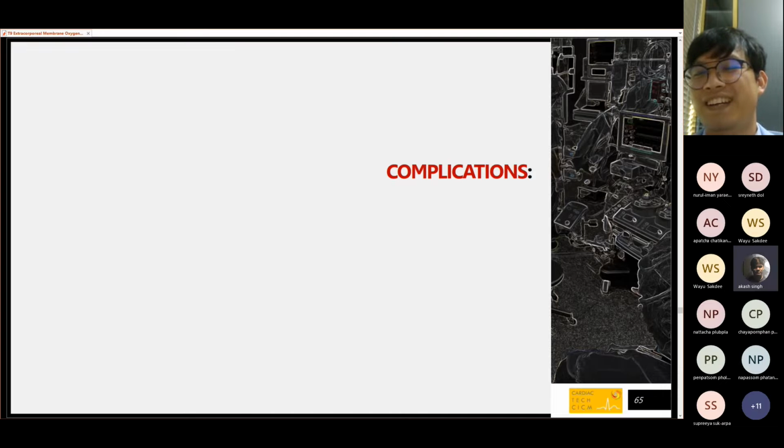For example, suppose we are doing the weaning process, if we are weaning the ECMO. Before weaning, we have to make sure that the hemodynamics of the patient is stable, for example if the mean arterial pressure is above 65 millimeters of mercury.